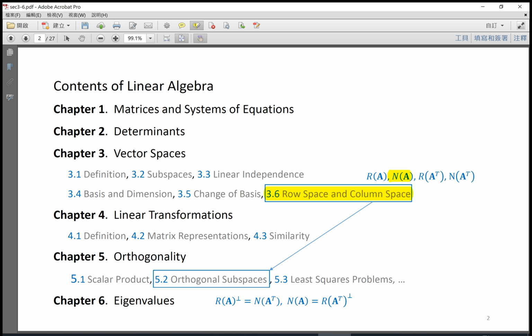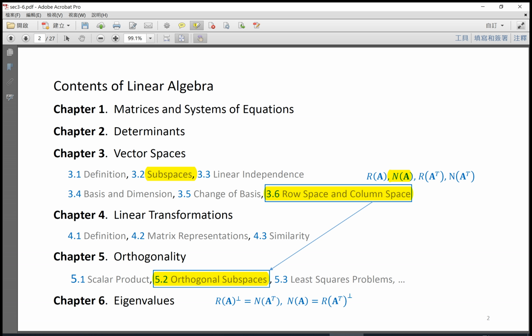In fact, you can prove the row space, the column space, and the null space are subspaces of a vector space. And in section 5.2, we will learn the concept of orthogonality.